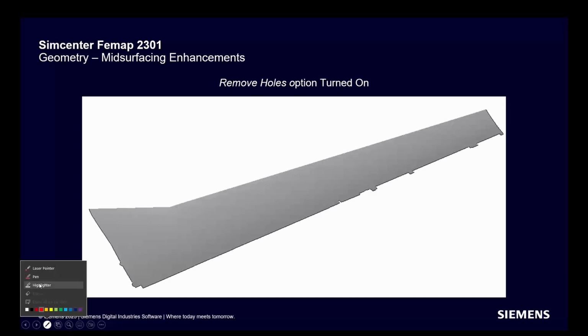Let's see. If you look at the forward edge, the edge closest to us here, there's a lot of jagged geometry here.